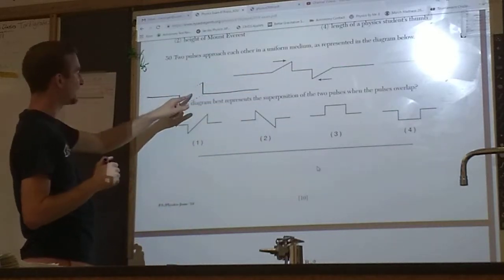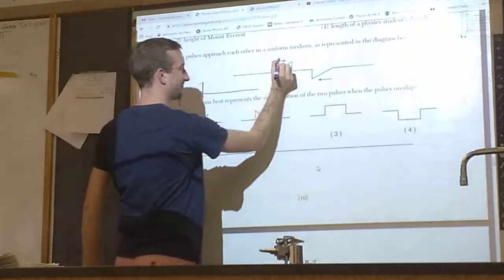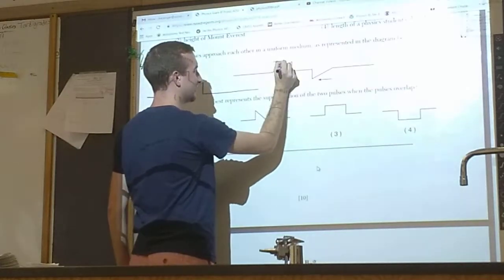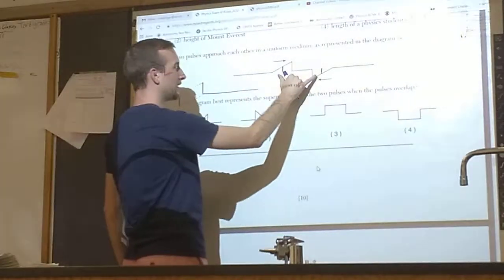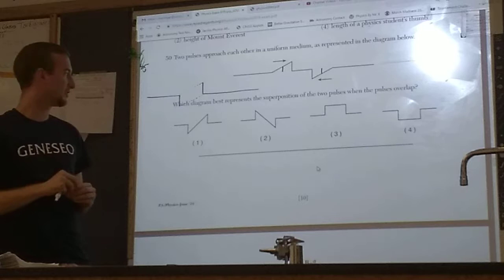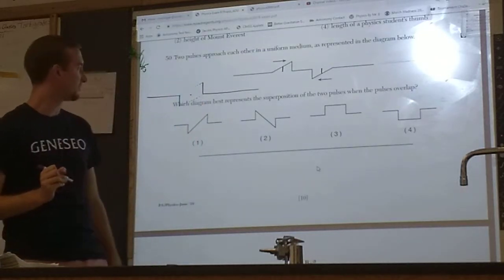Let's say halfway in between, I could make up numbers, but halfway through the pulse, this has this much height, and this one has a height of about this. These are going to cancel each other out, right? One's a positive displacement, the other is a negative displacement. So halfway through, we should get a displacement of 0.